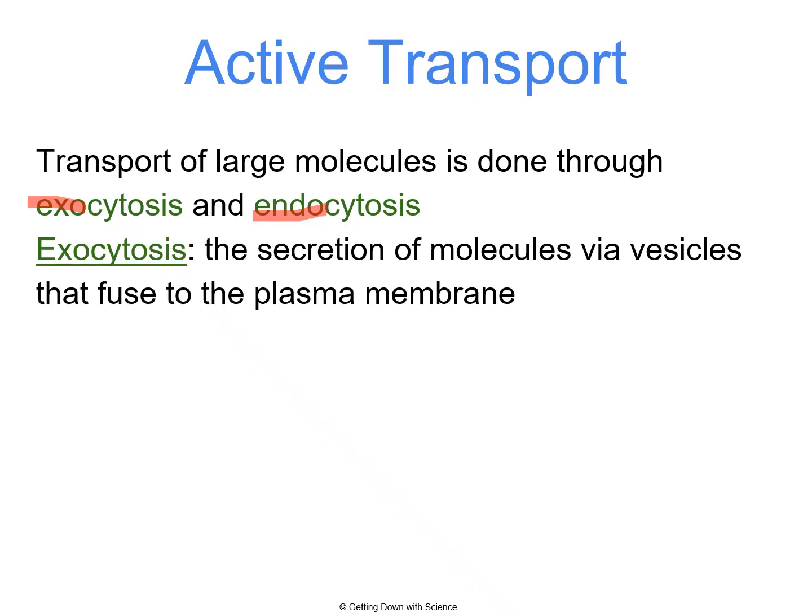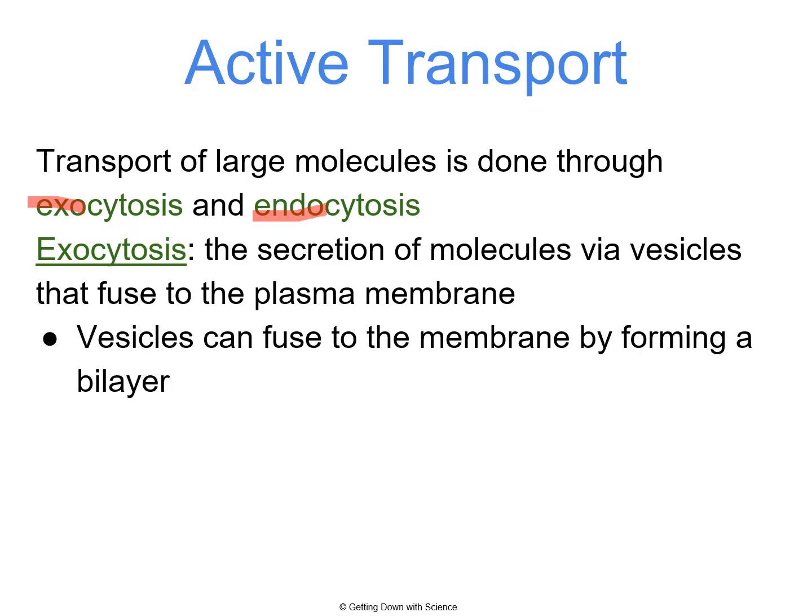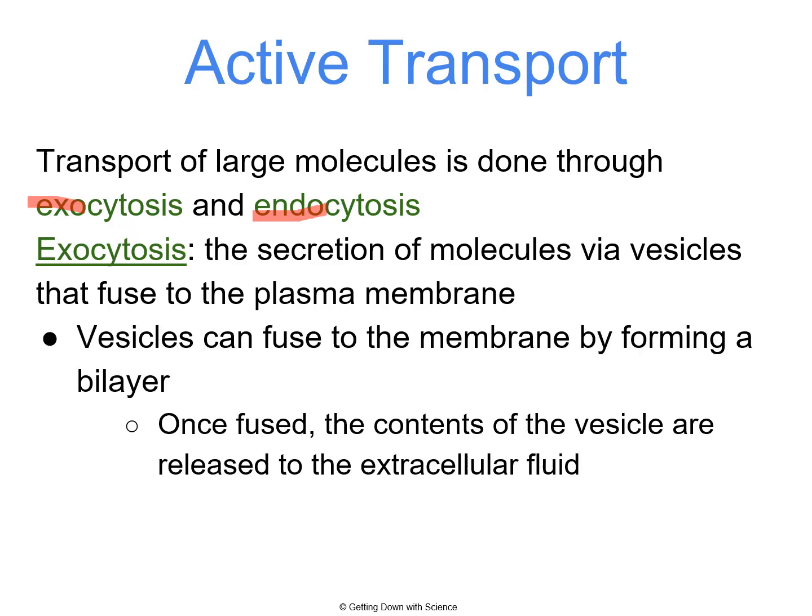So exocytosis is a secretion of molecules via vesicles that fuse to the cell membrane. And when they fuse to the cell membrane, they will eventually leave the cell. And they do this by vesicles. So these vesicles are membrane-bound temporary little organelles that contain substances.